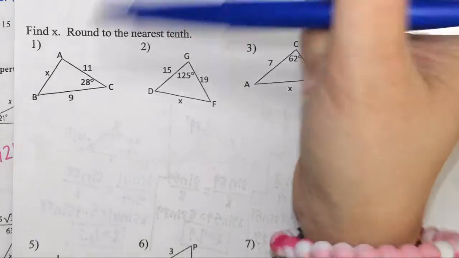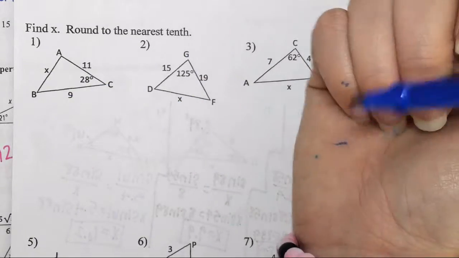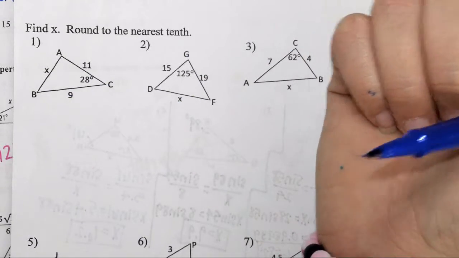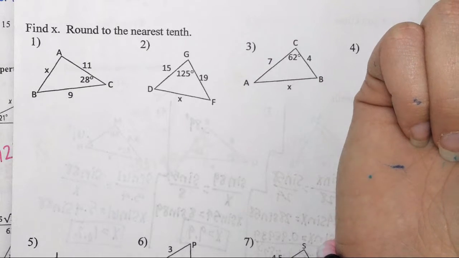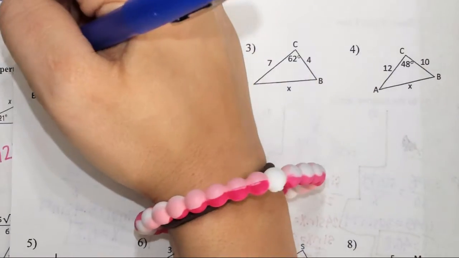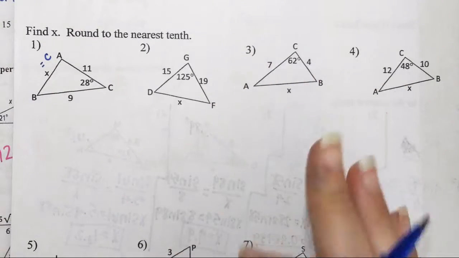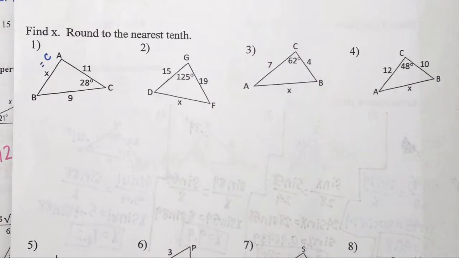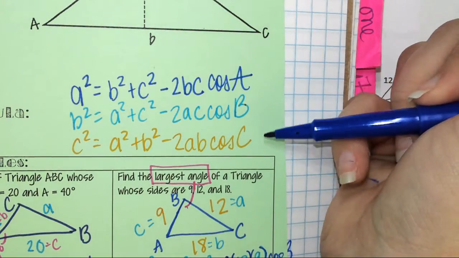All right, so we're going to do number 1 together. Now, are they asking us to find side A, side B, side C, or an angle? Side C. Thank you. So which of our 3 formulas are we going to use? You need to keep your notebook out because your notebook tells you the formulas. Am I going to use the dark blue, the light blue, or the yellow?